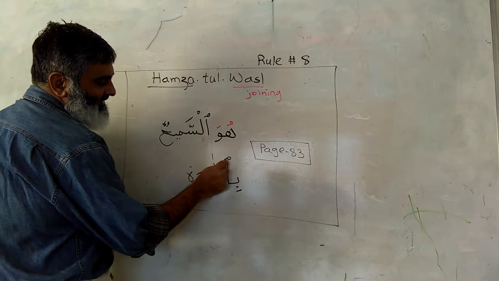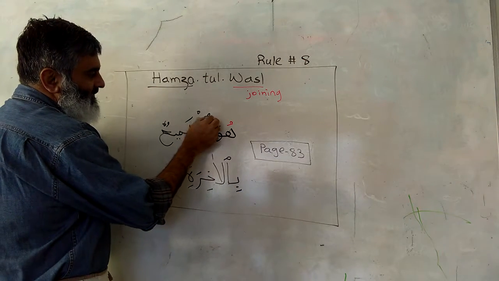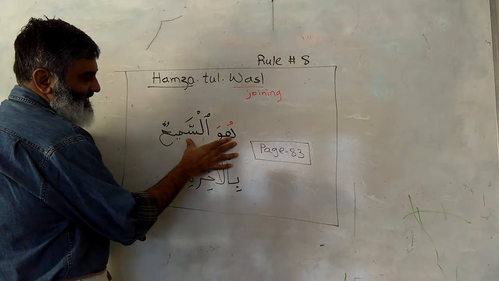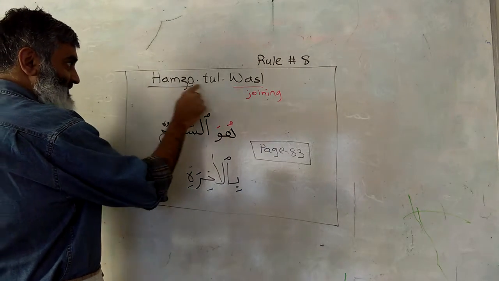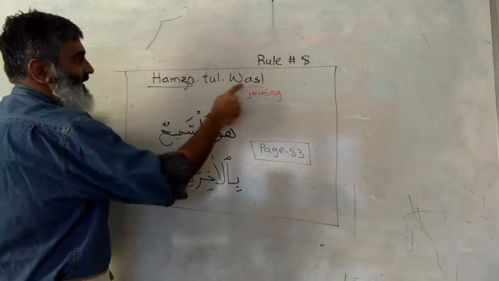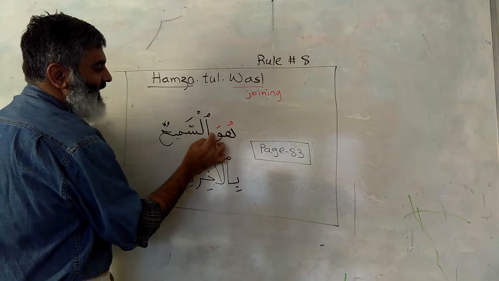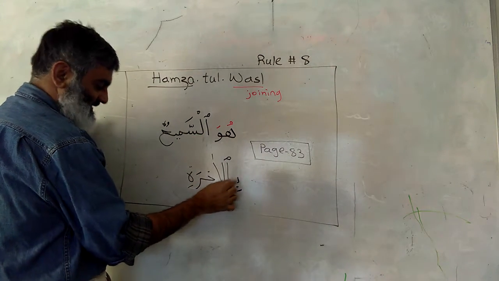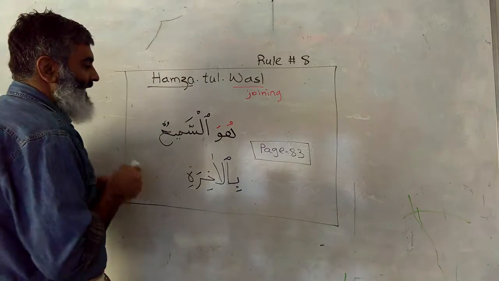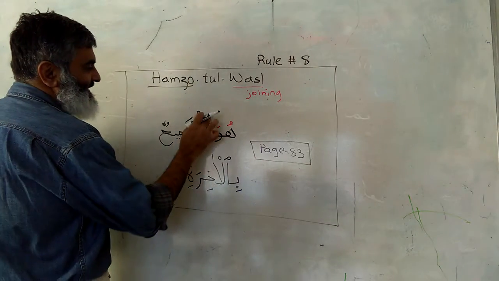This alif with this symbol within a word or this alif with this symbol between two words, in either way, this symbol tells us that this is Hamzatul Wasl, and Wasl means joining. So this is the Hamza or Alif which will join the previous letter with the next letter, and the Alif itself will be ignored. Alif itself should be skipped.